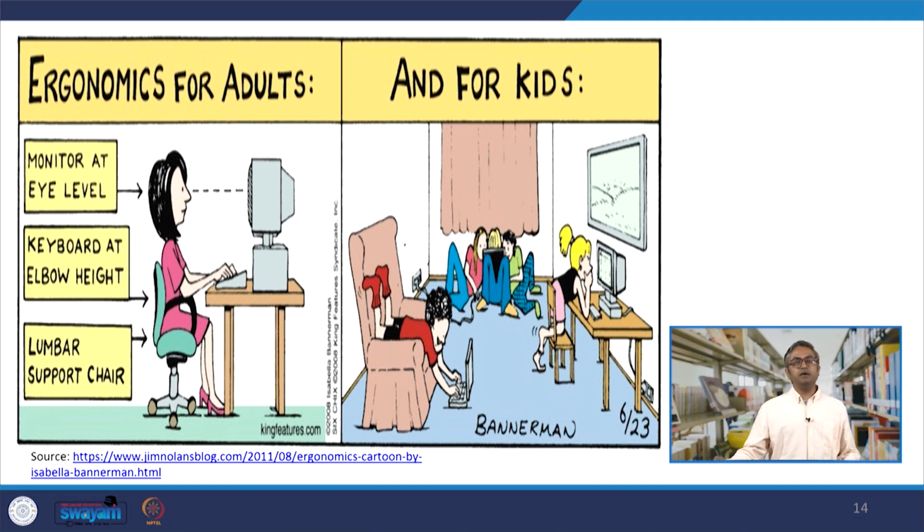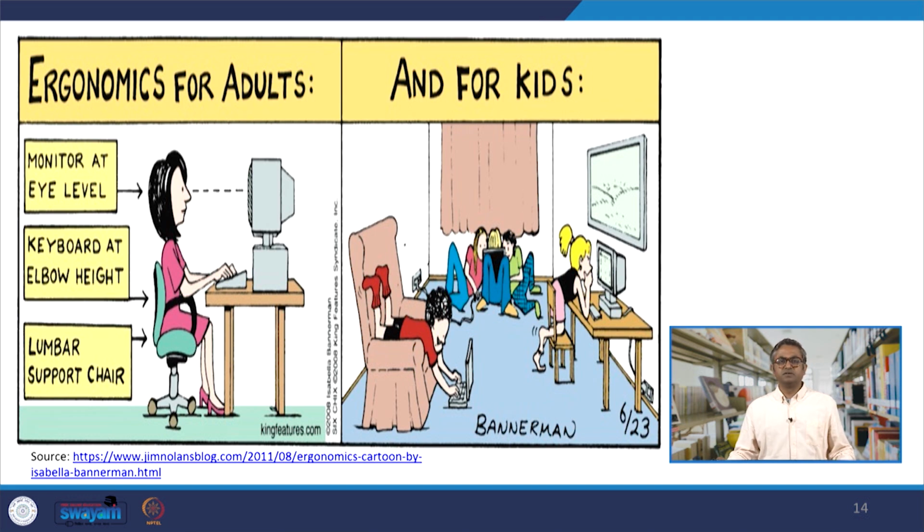Now what we see with this cartoon is that ergonomics for adults and ergonomics for kids are very different. They both are interacting with the system in their own way, in their own capacity. A professional might be dealing with a huge data set, sorting, categorizing, producing.